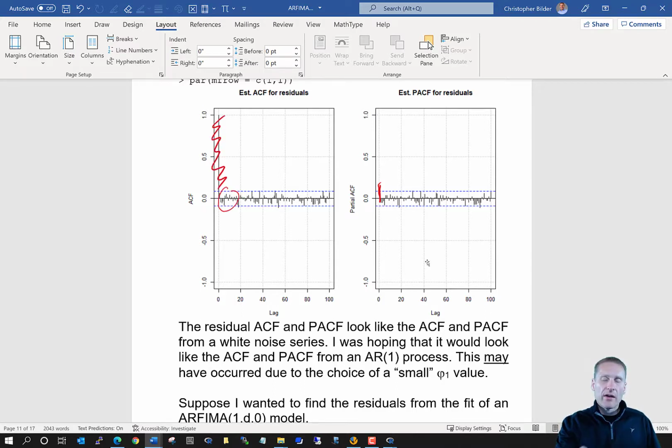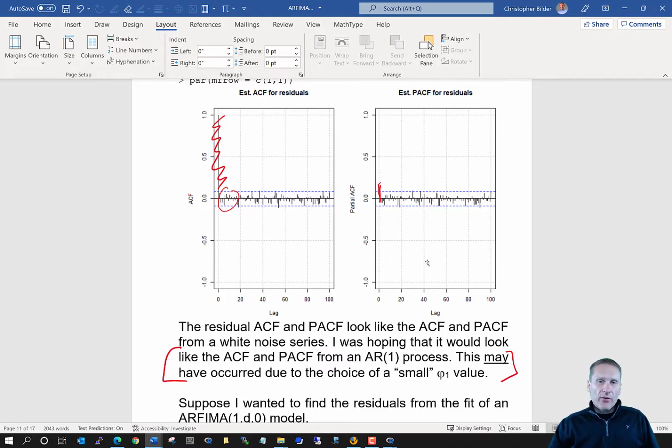Again, ignore that autocorrelation at lag 0. So that's kind of interesting. This is suggesting a different model than what is actually the correct model. Now, why could this be occurring? Well, this is probably the reason.